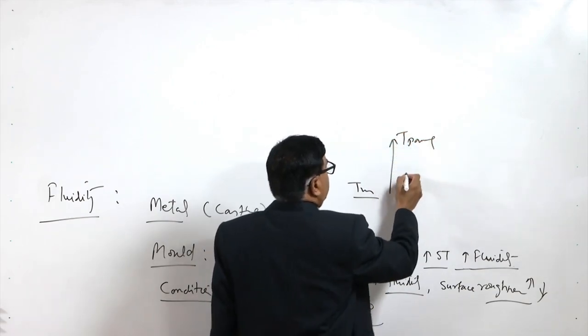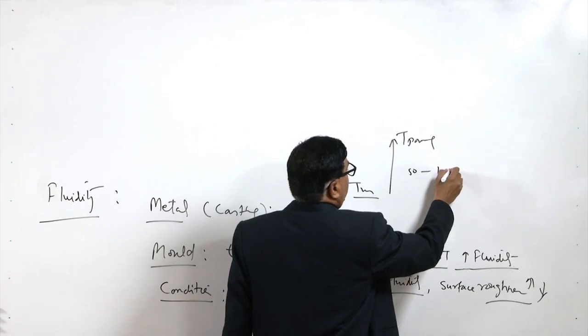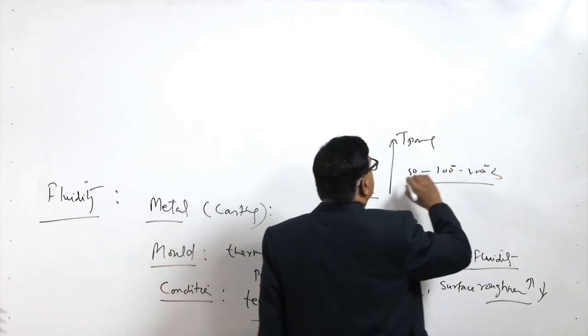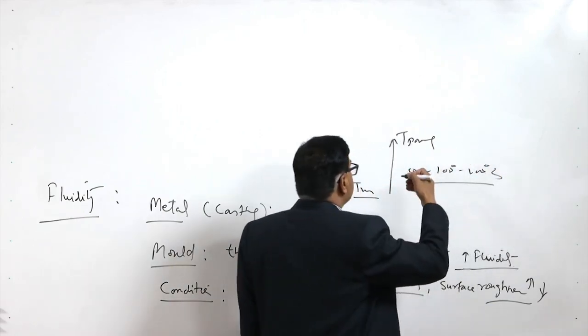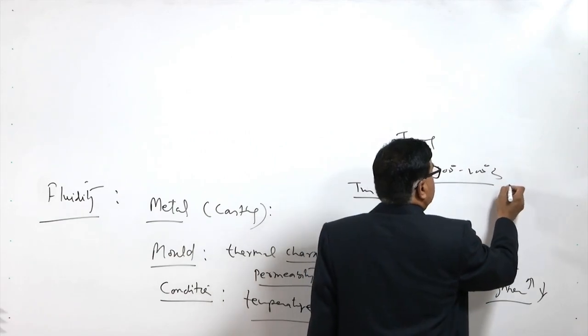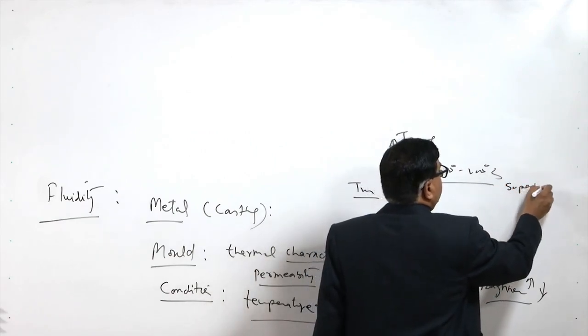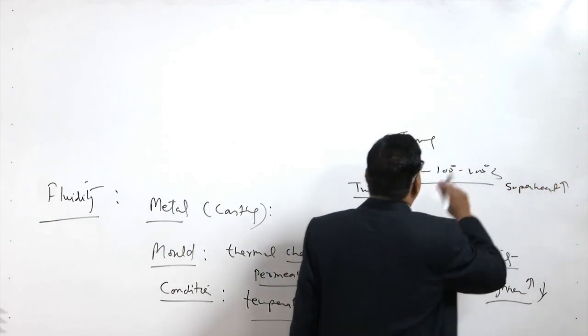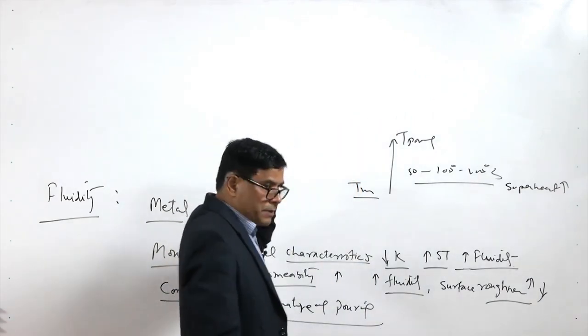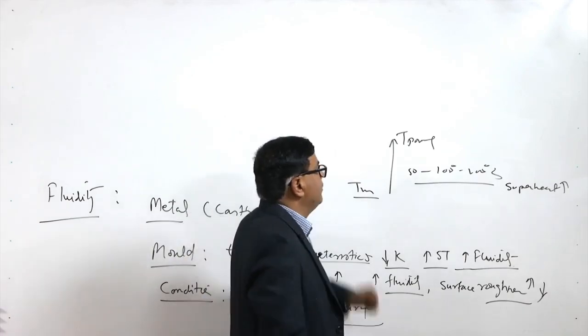This temperature difference may be 50 degrees or 100 degrees or 200 degrees centigrade. This difference between the temperature at which molten metal is poured and the melting point of the metal is termed superheat. So, higher is the superheat, it means greater is the temperature difference between the pouring temperature and the temperature at which solidification will be starting or the melting will be taking place.